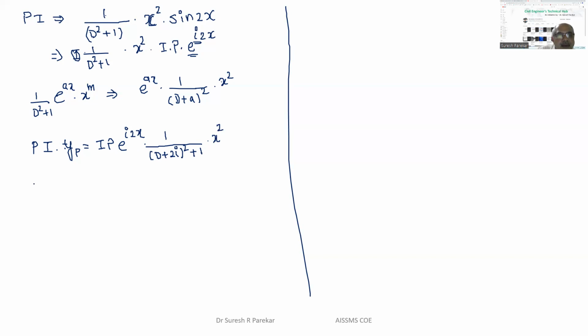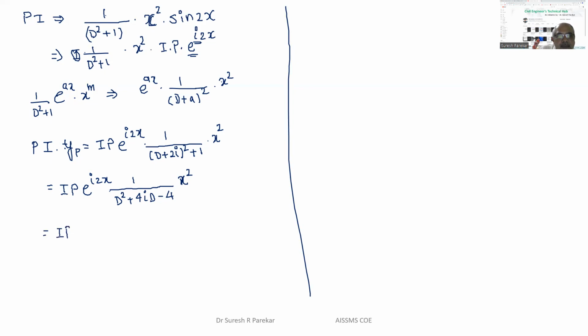And then yp equals the imaginary part of e to the power i2x into 1 upon, we have (D plus 2i) whole square, so D square plus 4iD plus 4i square, so it becomes minus 4, plus 1, into x square. For x square we know we have to make it in the form 1 plus x.